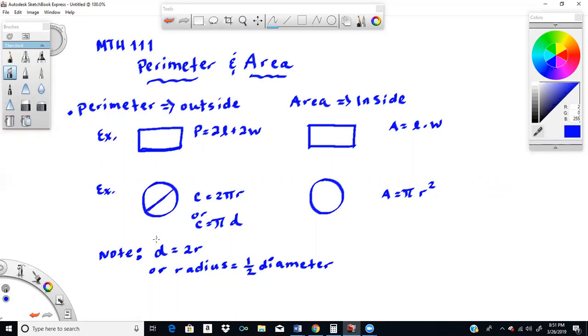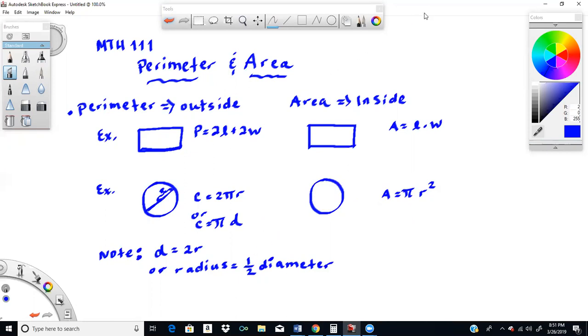We'll pretend like that's the center. Your radius is half your diameter. And pi is actually a number, 3.14. So it's pi times r squared for your area.